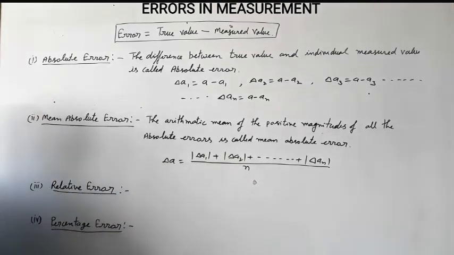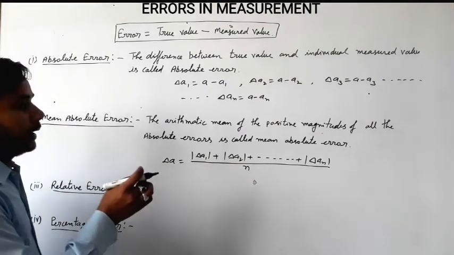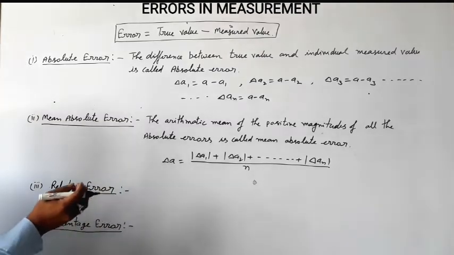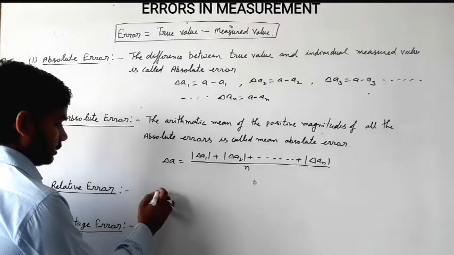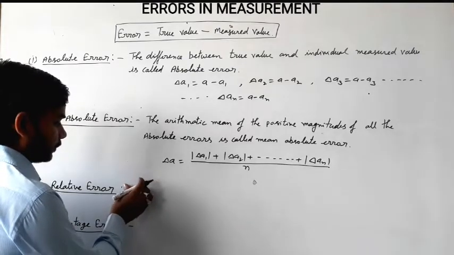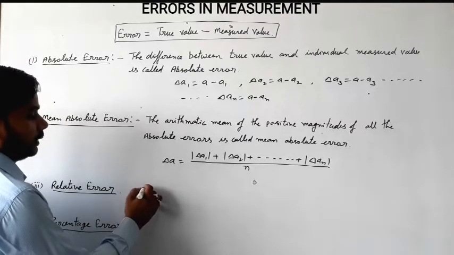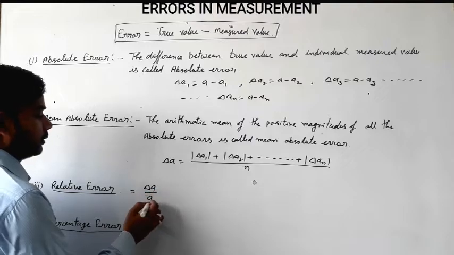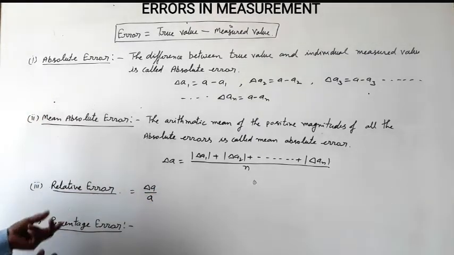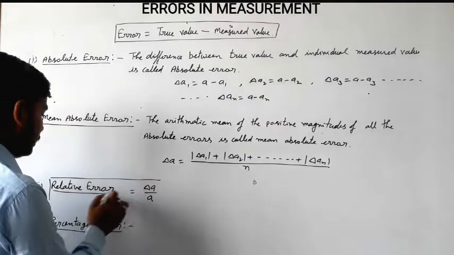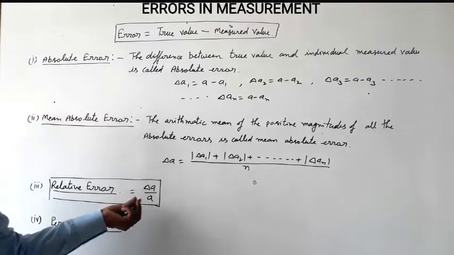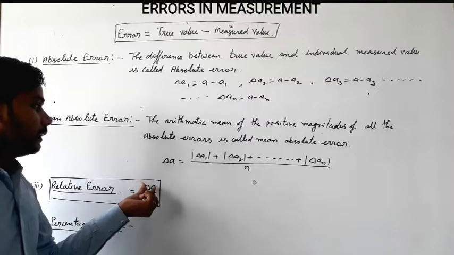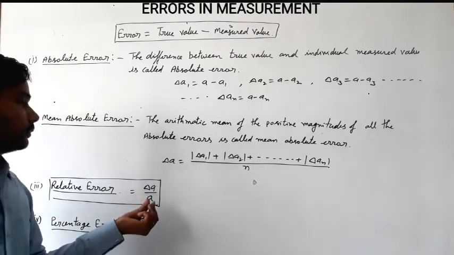Now the next is relative error. Relative error is the ratio of mean absolute error to the true value, which means relative error equals delta A upon A. This is the formula for relative error. A is the true value and delta A is the mean absolute error.